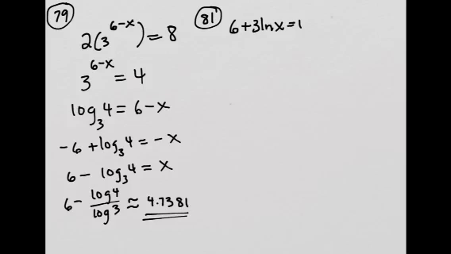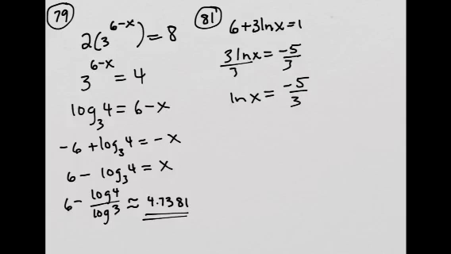Alright, so for 81, you want to isolate the natural log x. First thing we're going to subtract is 6 from both sides. So I'm left with 3 ln x equals 1 minus 6, which is negative 5. Then we divide by 3. So I get natural log of x equals negative 5 over 3.